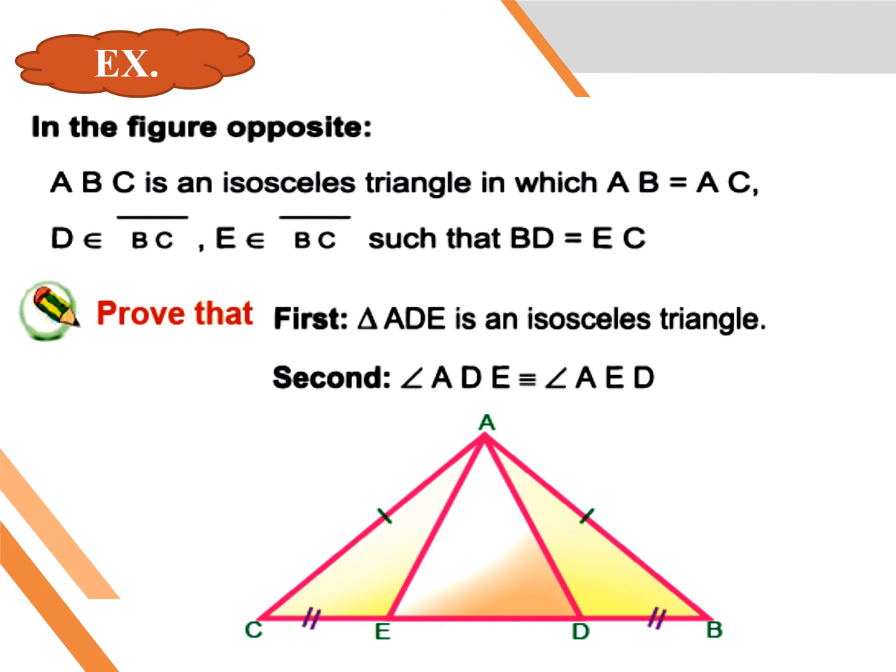Then we can deduce that AD equals AE. Then, since AD equals AE, the triangle ADE is an isosceles triangle. And when the triangle is isosceles, then the base angles are equal. Then measure of angle ADE equals the measure of angle AED.